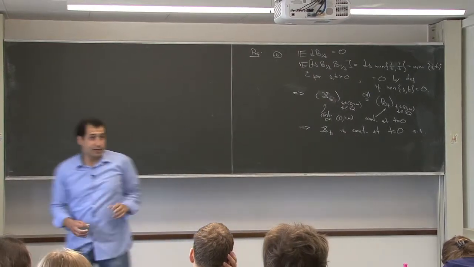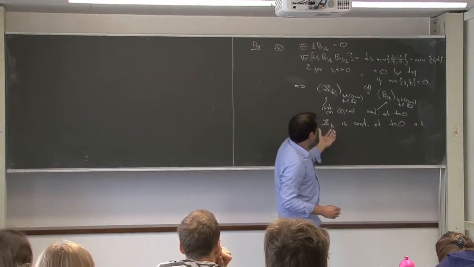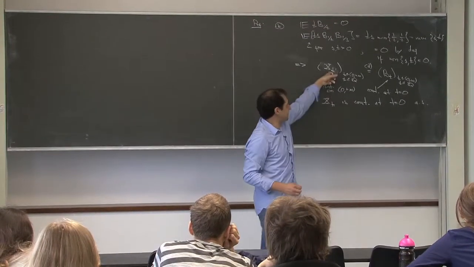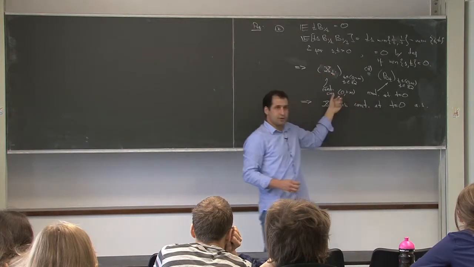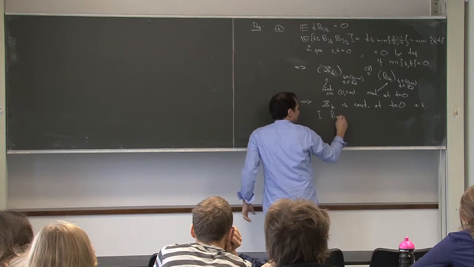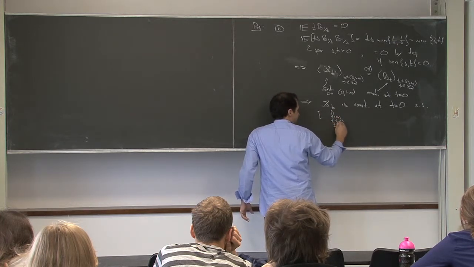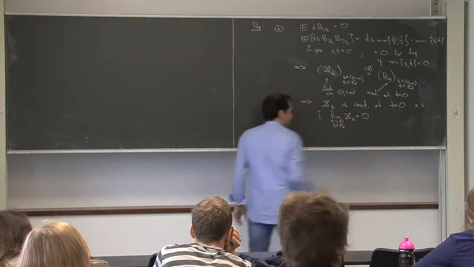But what I'm explaining is that this is not an issue at all, because this is a continuous function which has a limit at 0 along rationals. So I know that this is continuous, and I know that the limit along rationals is 0.